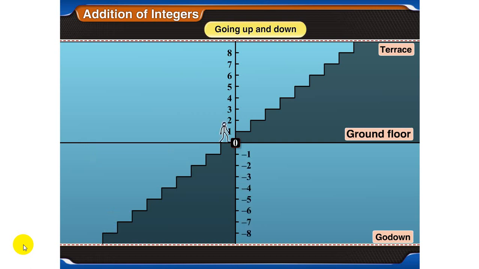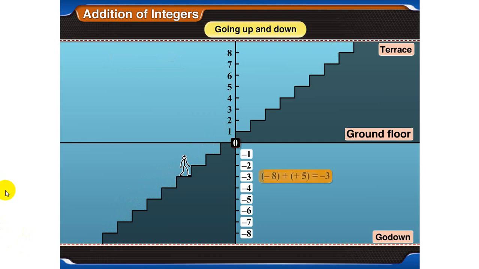E. Go down 5 steps from the ground floor and then move up 12 steps from there. It represents -5 plus +12, that is equal to +7. F. Go 8 steps down from the ground floor and then go up 5 steps from there.